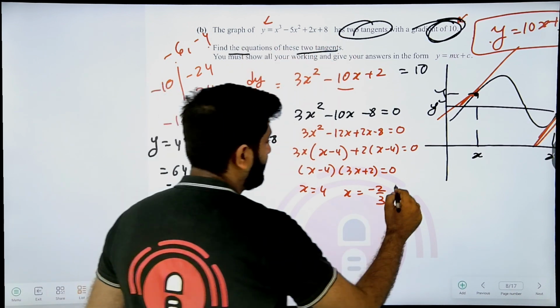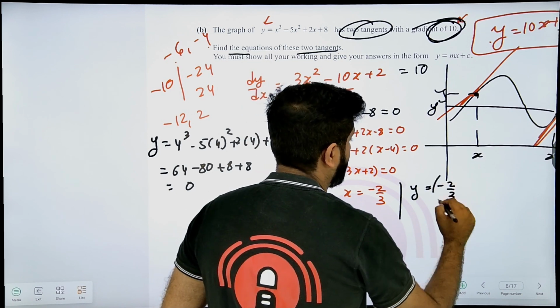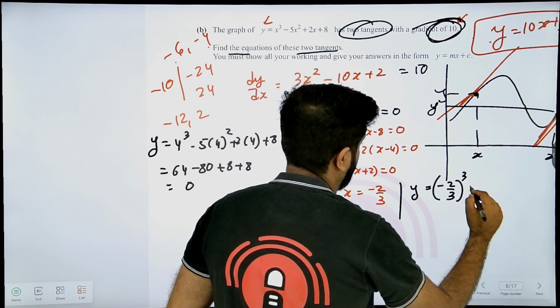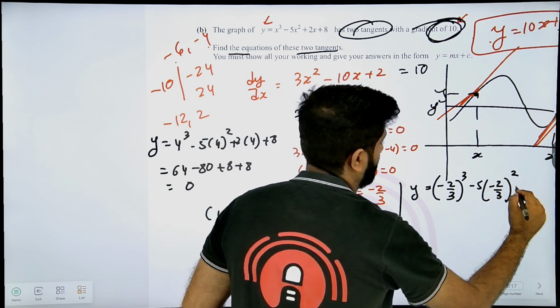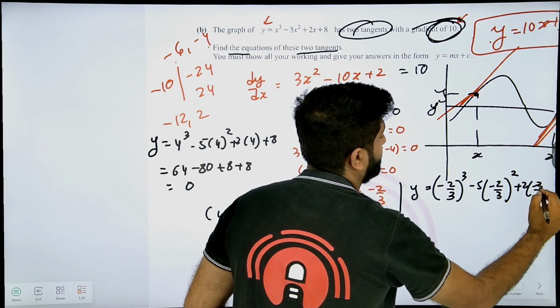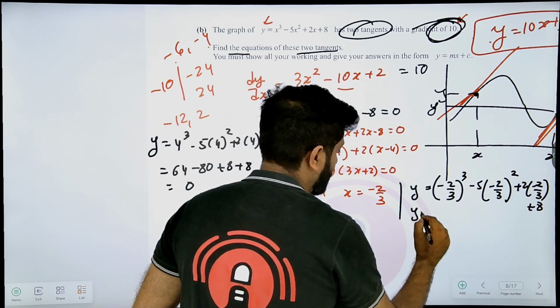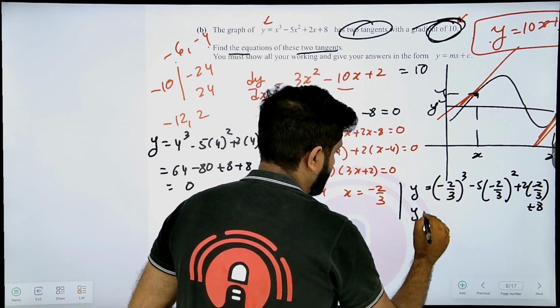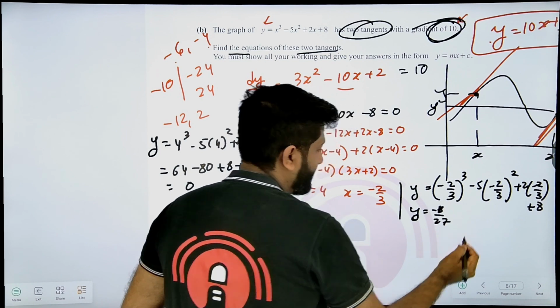So you have y equals negative 2 by 3 cube minus 5 into negative 2 by 3 square plus 2 times negative 2 by 3 plus 8. So guys, this is nothing but negative 8 over 27.